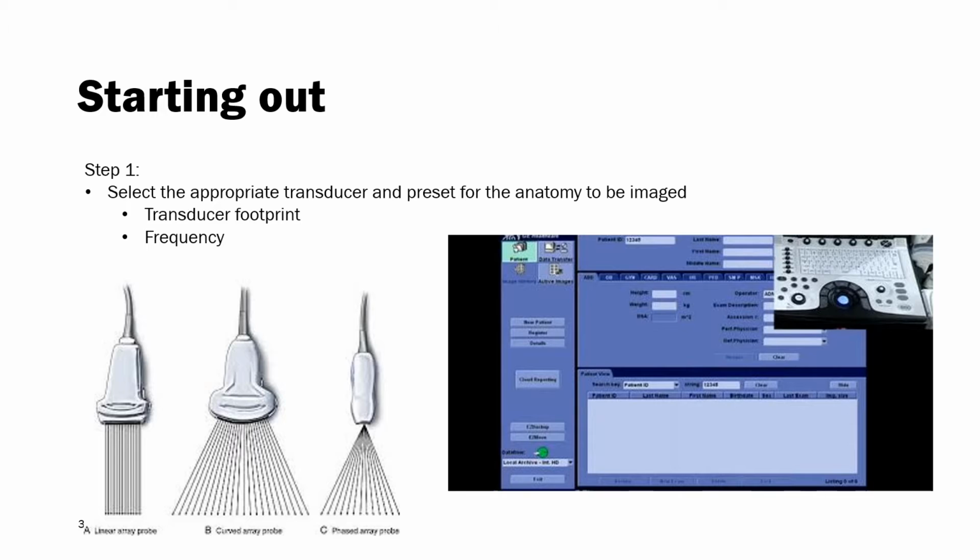So the same presets may not be available for all different transducers. So if you're not seeing the preset or the exam type that you want to perform, then you may have the wrong transducer selected.